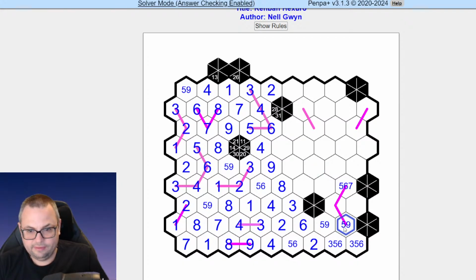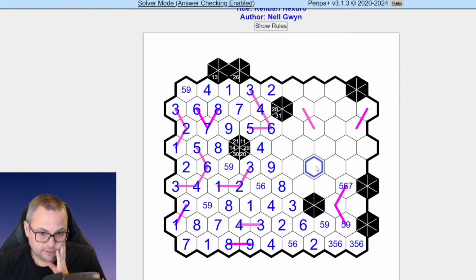So if this is a 9, then this is an 8, 7. If this is a 5, then there are more options. I guess the third direction is like the region. Yeah, that is true.